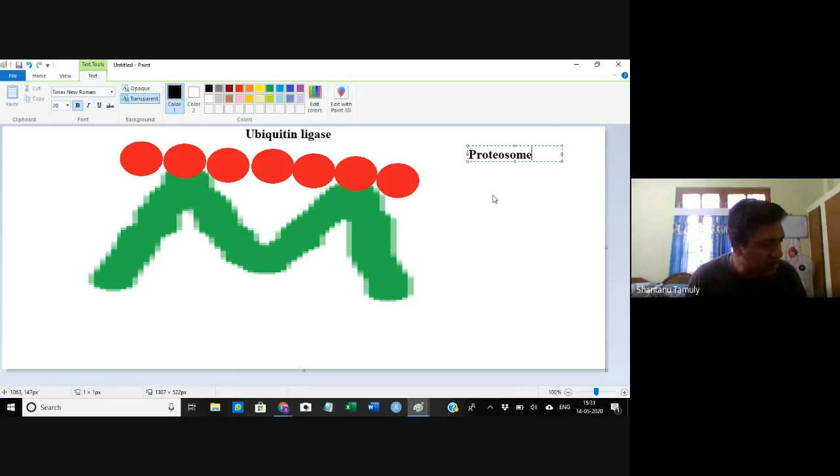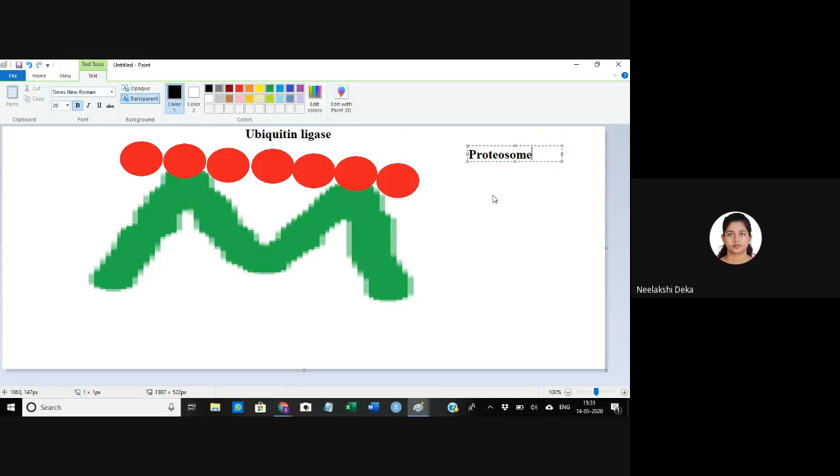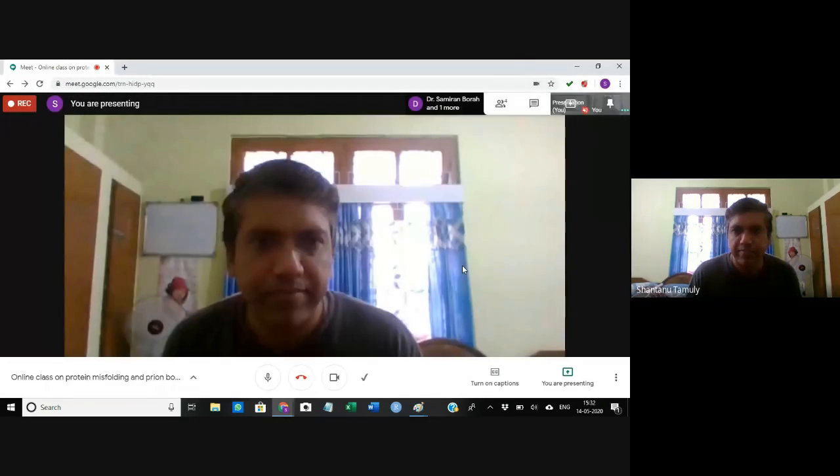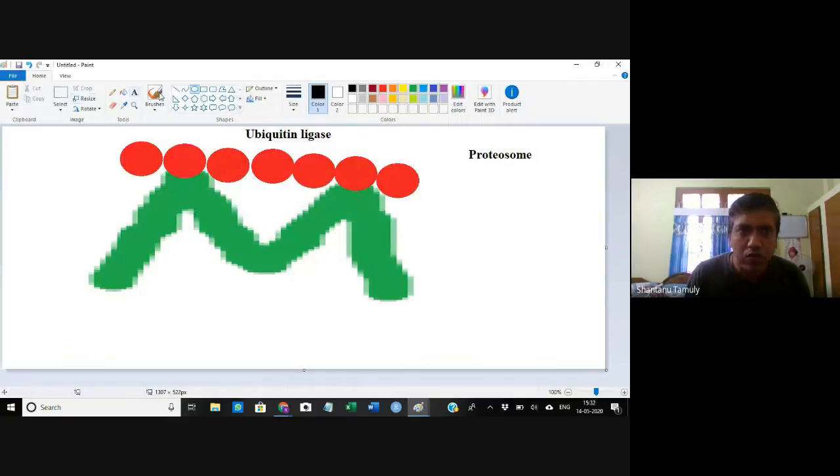So the proteasome has this type of cylindrical structure.